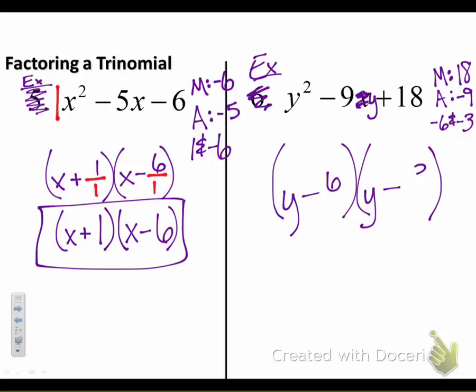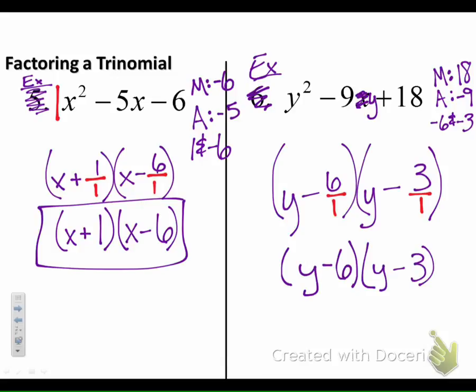I put -6, -3 in their spots, and I divide by the leading coefficient of 1. I reduce. If I still had a denominator, I would make sure that it moves to be a coefficient, but since I do not, this is where I stop.